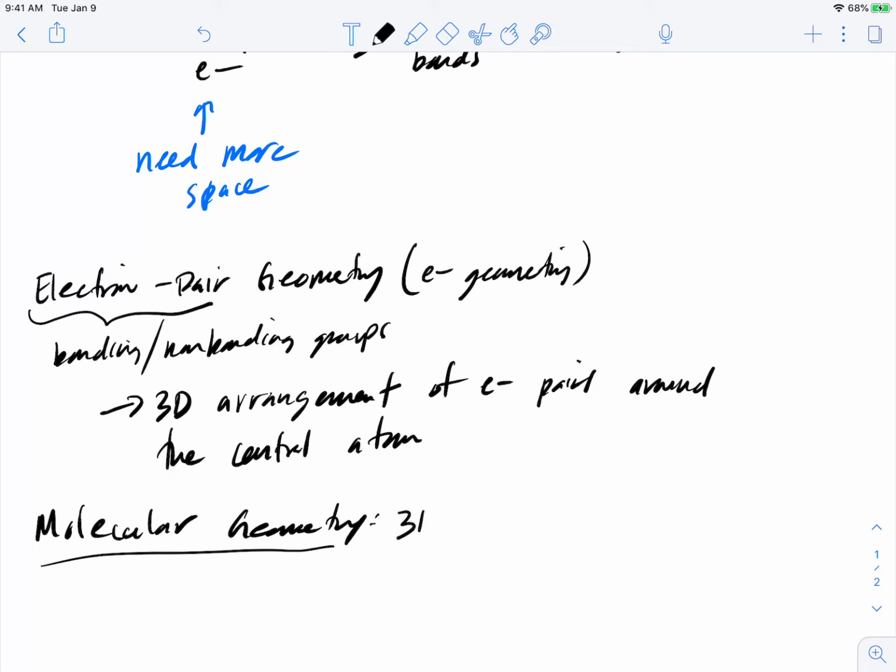So this is the 3D arrangement of atoms. When you have only bonding pairs, the molecular geometry and the electron pair geometry are the same. But when we have lone pairs on the central atom, they change. So atoms around the central atom.